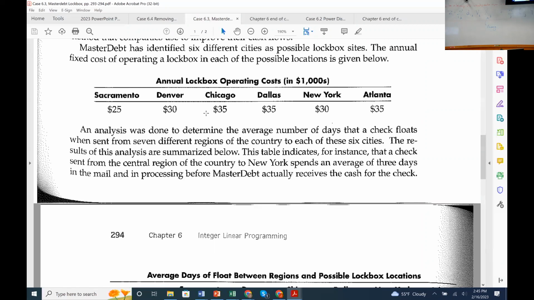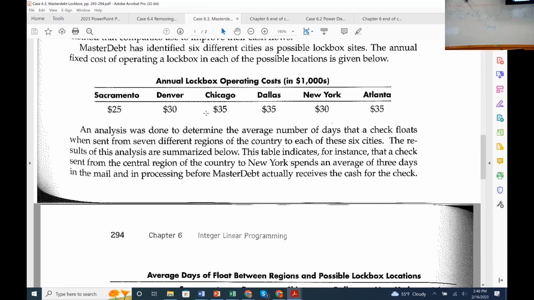For our lockbox assumption, do we assume that if we are getting a single check from one region or from every region, the cost would be the same, or would it increase? That is the statement in the problem, that there's a fixed cost of having a lockbox, no variable cost. And that's what I tried to explain earlier. Is it realistic that there's no variable cost? Absolutely not.